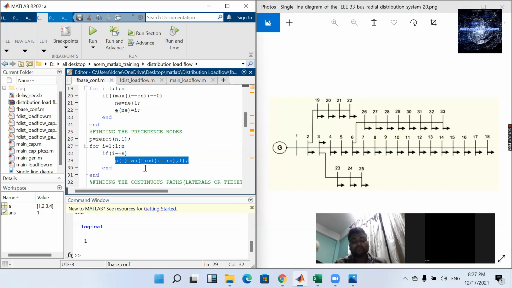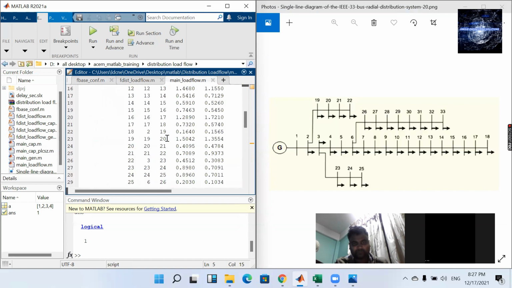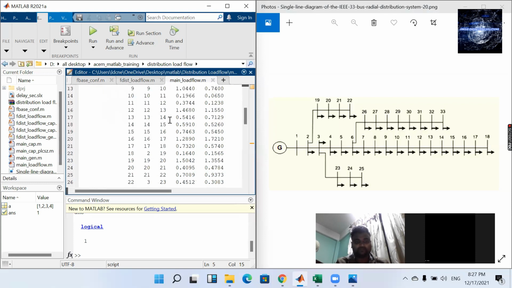Another thing we can learn from here, for which I will use the line parameters: for a radial distribution system, not a loop, the receiving end node is unique, because there will be no repetition.